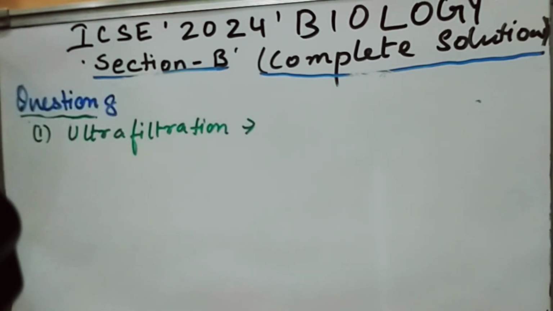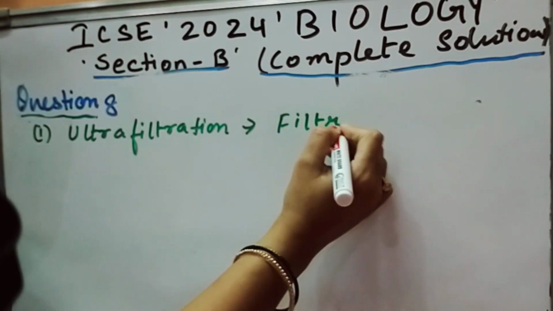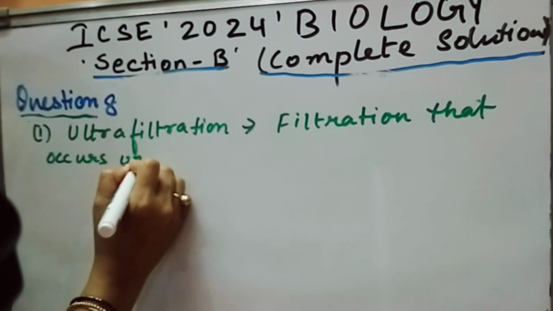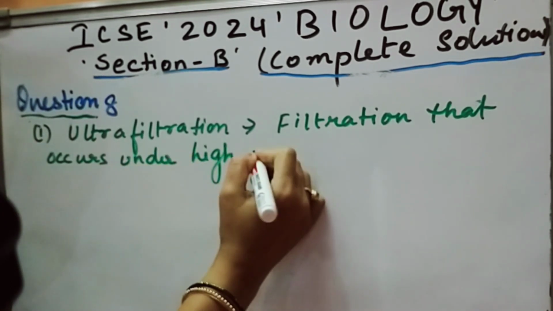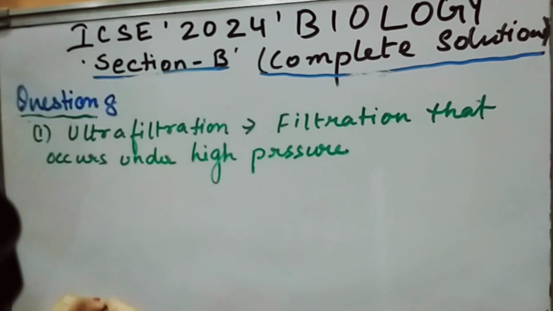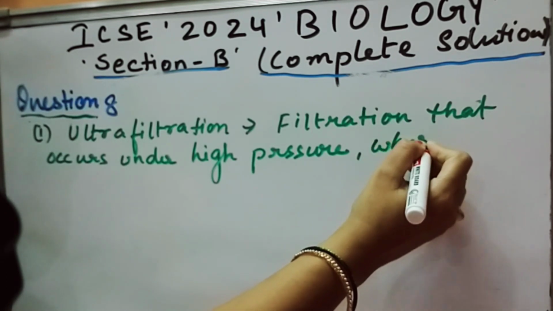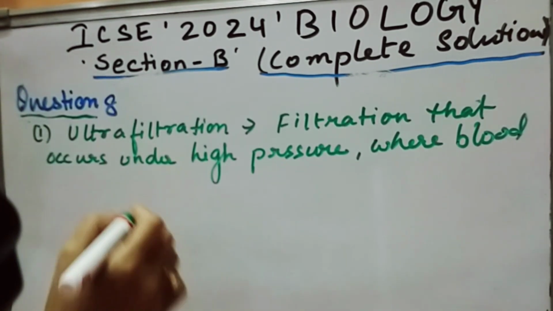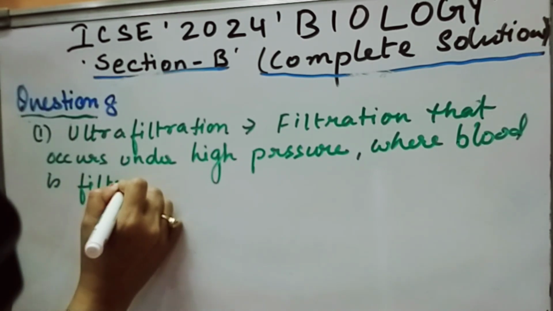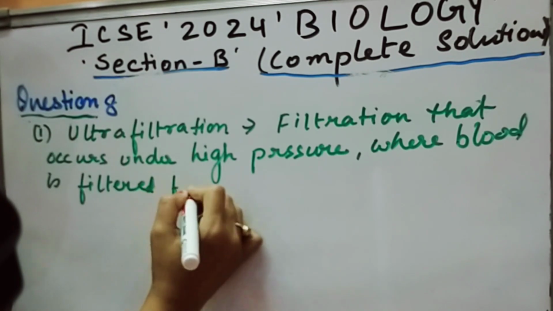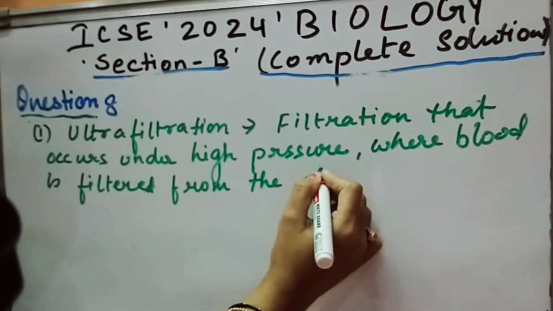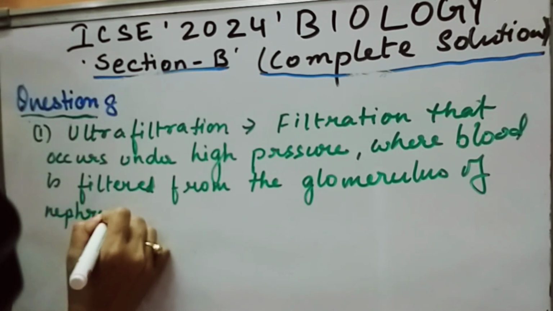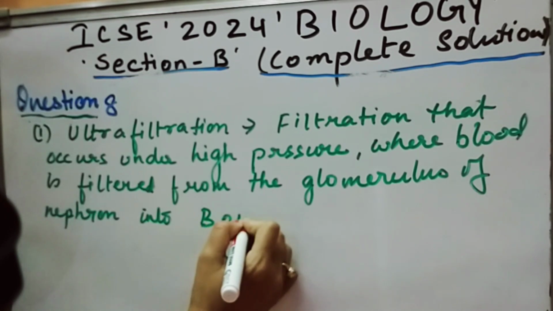So the filtration that occurs under high pressure, where blood is filtered from the glomerulus of nephron, remember, into Bowman's capsule.